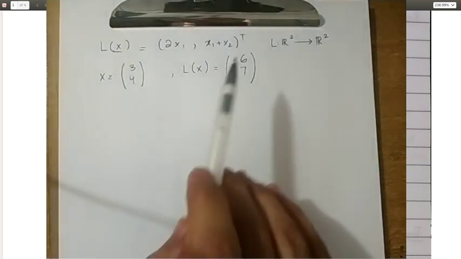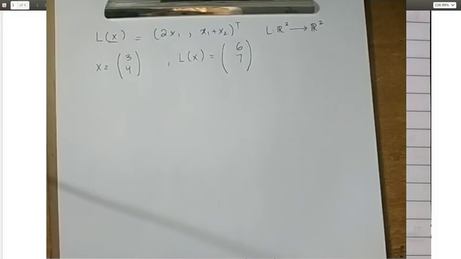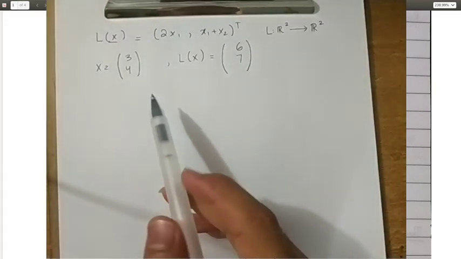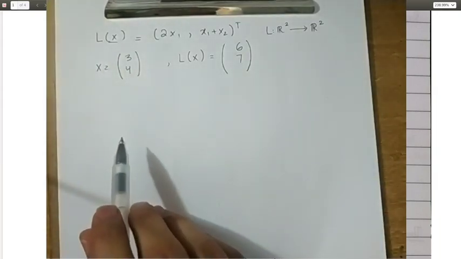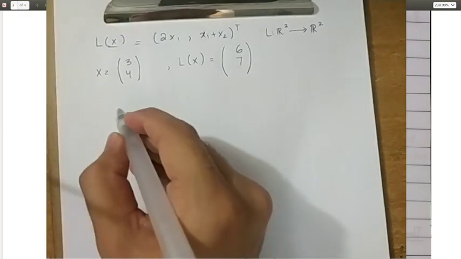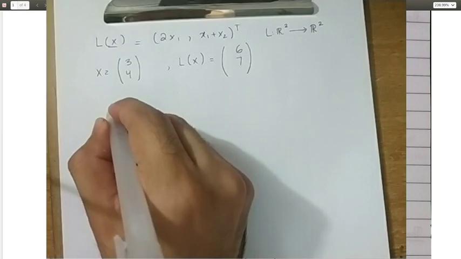So you have this transformation R2 to R2. Okay. And so the first simple question is, how do we find the matrix representation if we're just talking about the standard basis? And for the standard basis, we know it's easy. It's simply to consider what happens to the first and second standard basis vectors.